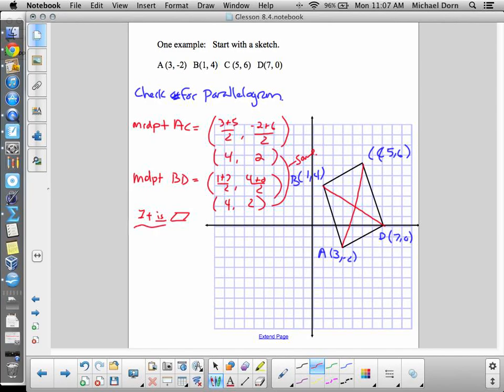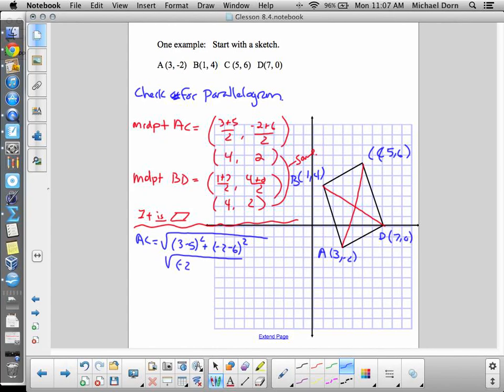Now, what kind of parallelogram is it? Just a plain old parallelogram? A rectangle parallelogram, a rhombus parallelogram, or a square parallelogram? Which one? So the next thing I'm doing is going to see if the diagonals are congruent. So AC, measuring segment AC, 3 minus 5 squared plus -2 minus 6 squared.